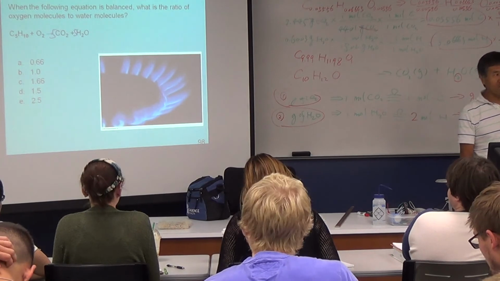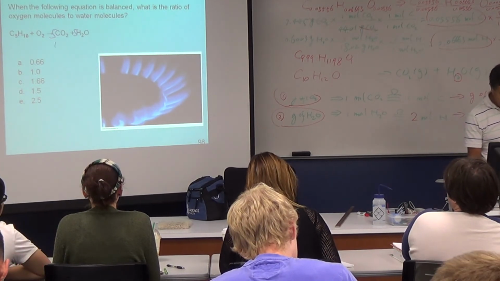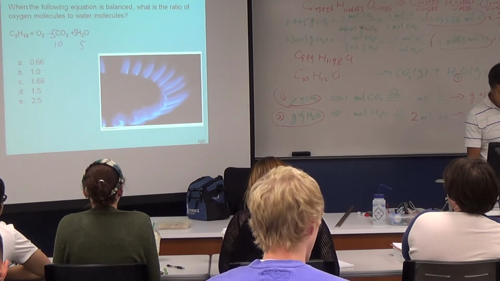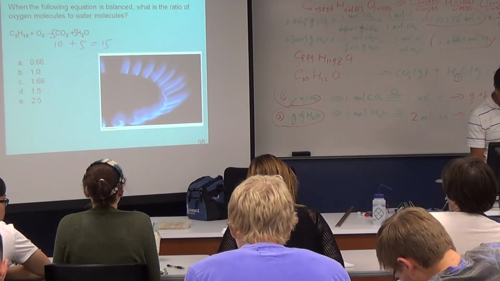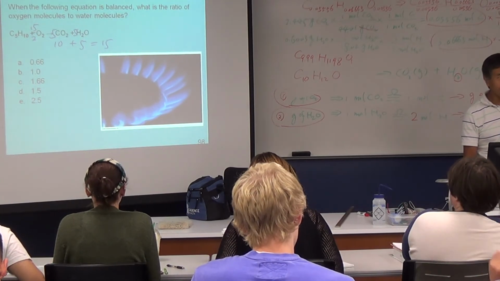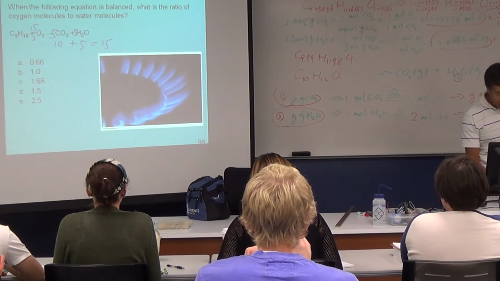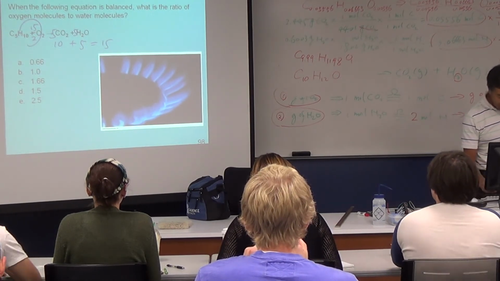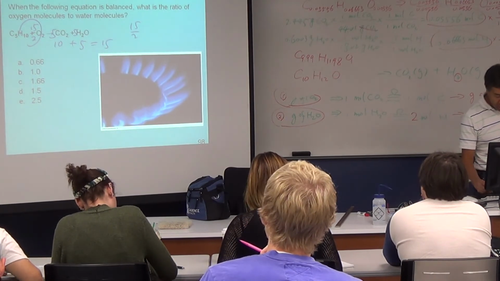So then we have 5, and then we'll have a 10 over here and 5 here. Together we get 15. You want to get 15 from this side, so you get 15 over 2. If you want to find the ratio, you can just take this number, 15 over 2. Then divided by what?